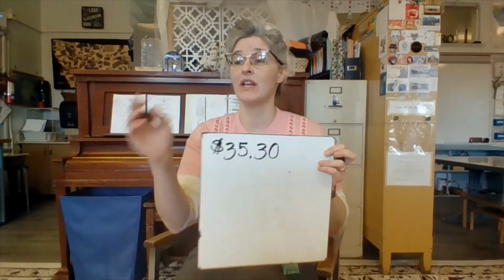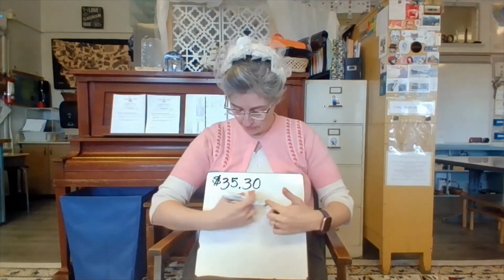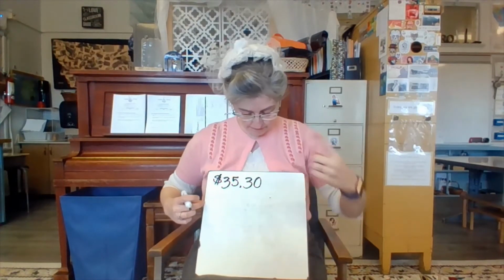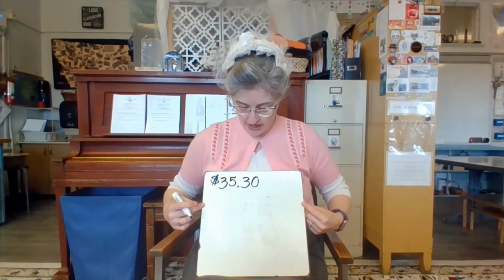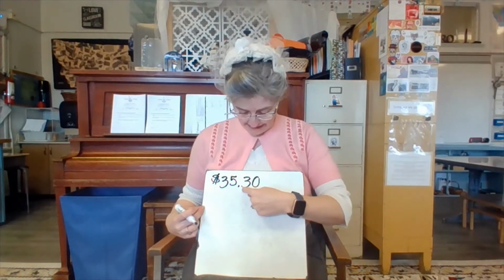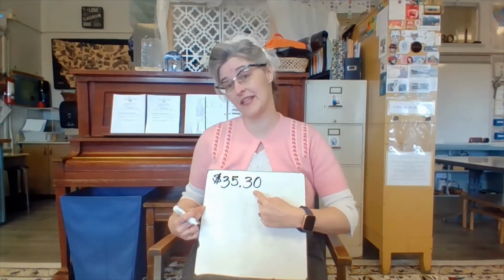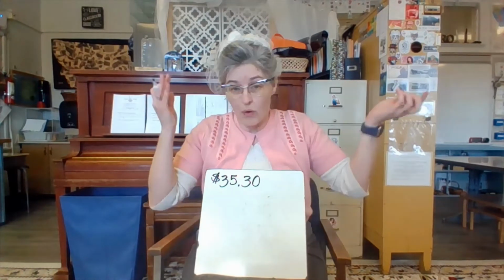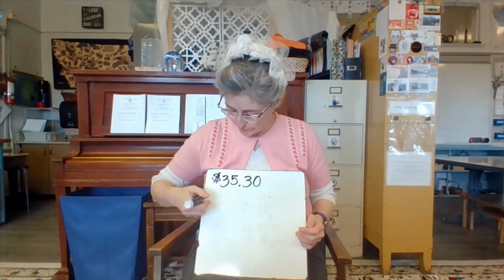Now, if I think of it like the number line, 35 is over here, 36 is over here. Where would 0.30 or 3/10, I could also call this 30/100ths, where would that fall on my number line?